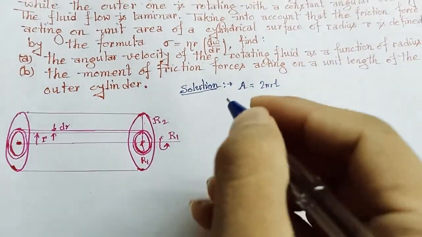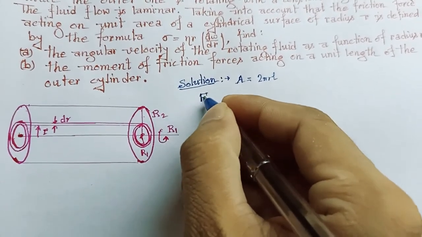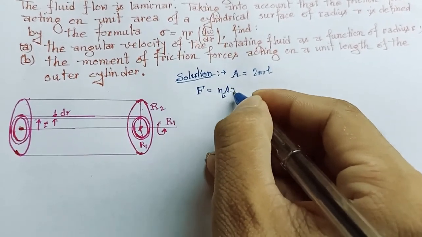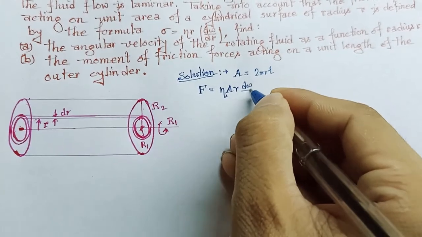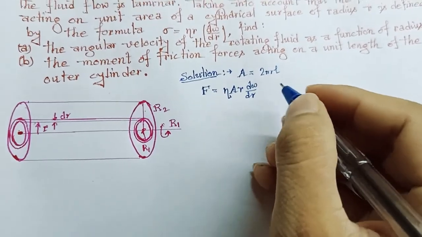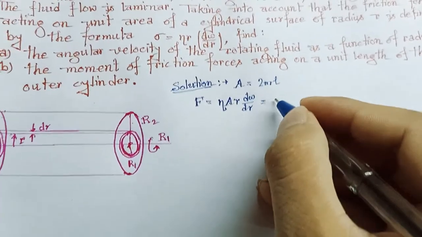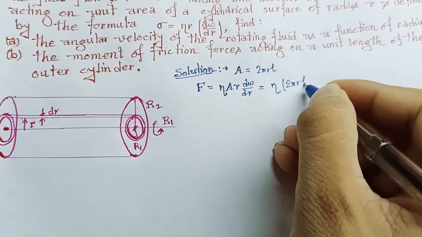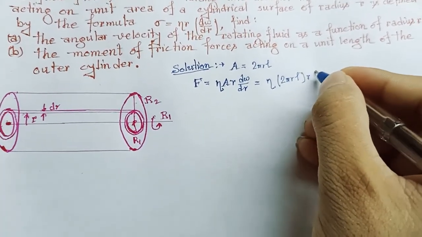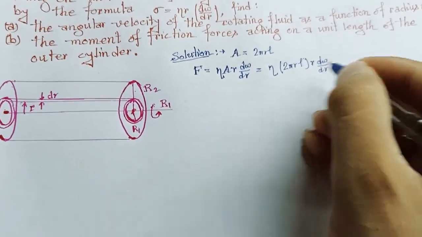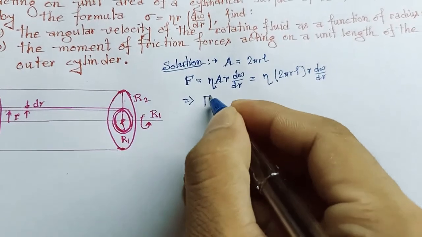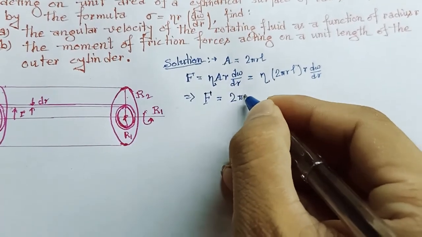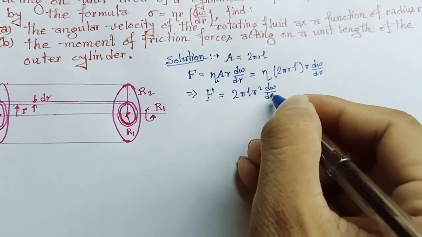Now viscous force F will be equal to eta A R d omega with respect to dr. If we substitute the value of A, then we will find F equal to eta 2 pi RL into R d omega with respect to dr. From this equation we can write the friction or viscous force will be equal to 2 pi eta L r square d omega with respect to dr.